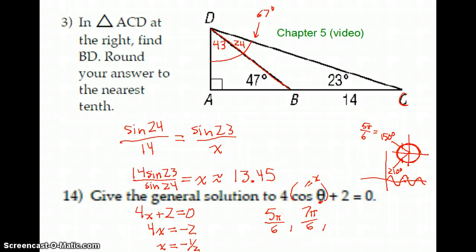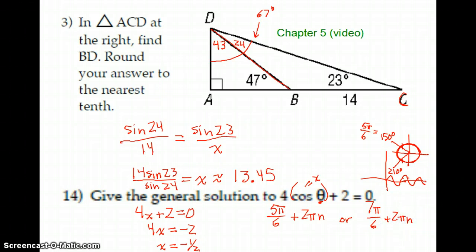So I should probably rewrite this. It's like 5 pi over 6 plus 2 pi any number of times. And we'll do it at the end. 7 pi over 6 plus any copies of 2 pi after that.